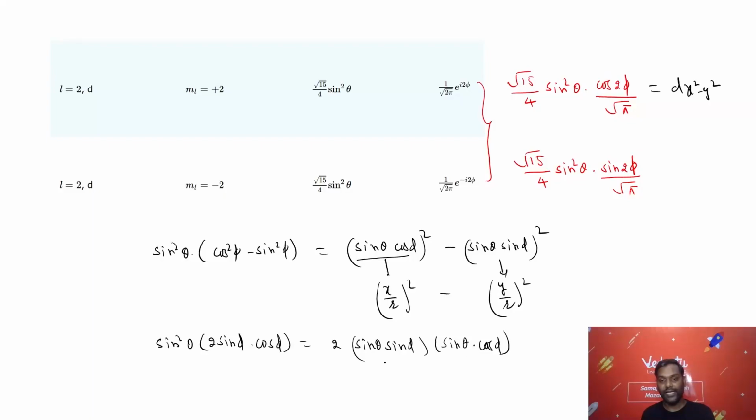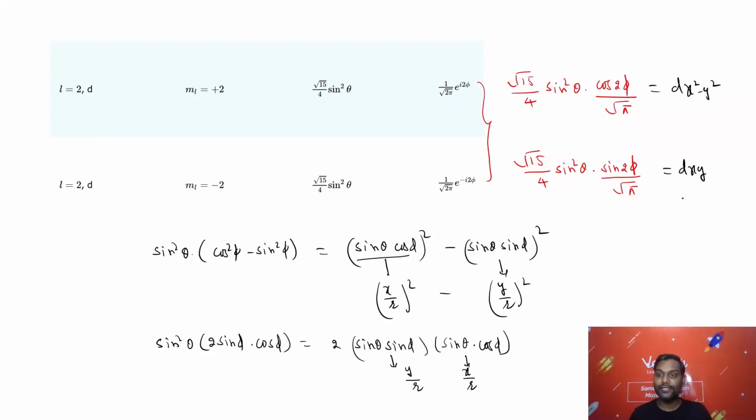In place of sine theta sine phi, I will write y upon r, and here I will write x upon r. R square will be cancelled, so you have a multiple of x and y, so this must be representing dxy.